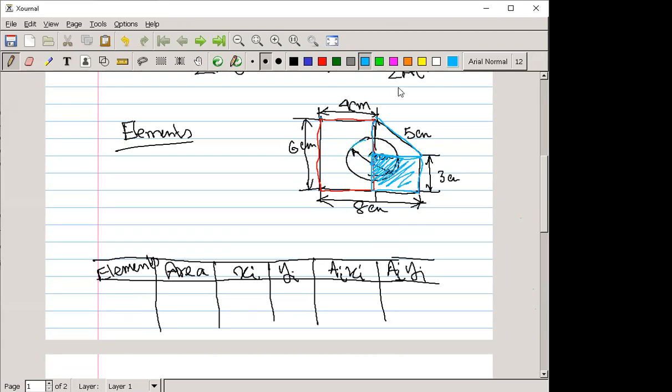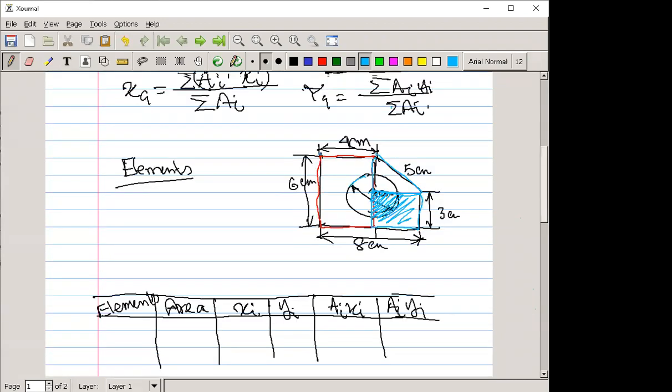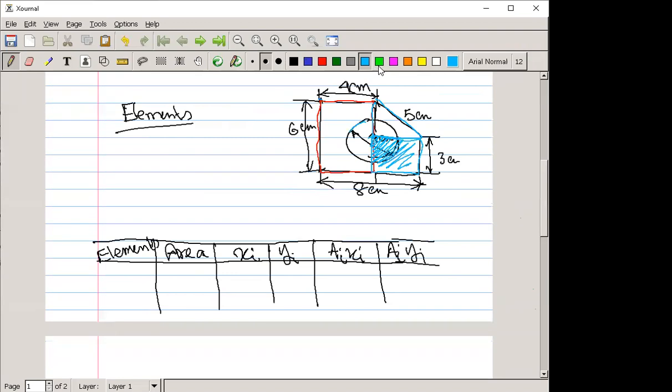The color is not changing. This portion. Let's start the equation.